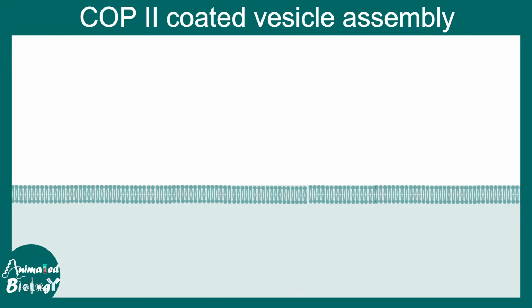One of the important factors that we understood in all these three is the GTP binding protein, the small GTPase protein. GTP hydrolysis powers the assembly. So here is GDP bound SAR1, and we are looking at COP2 coated vesicle assembly, how these vesicles bud out. First, the GDP is replaced by GTP.